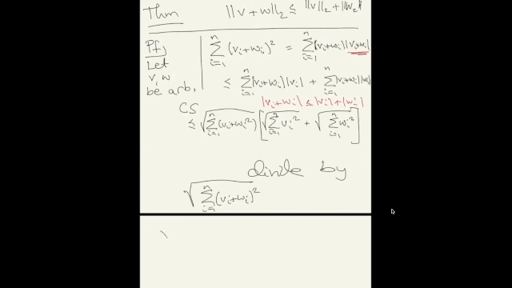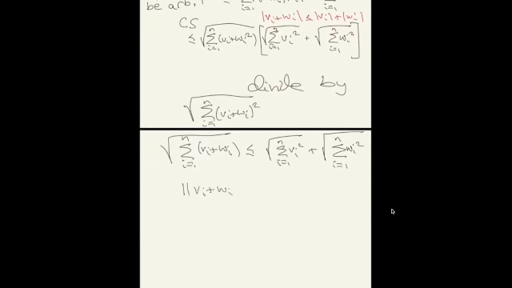And then we get the square root of the sum for i equals 1 through n of (Vi plus Wi) squared, because the power 1 here is canceled out by the half power, is less than or equal to the square root of the sum of Vi squared plus the square root of the sum of Wi squared, which is exactly what we want. The norm of V plus W is less than or equal to the norm of V plus the norm of W.